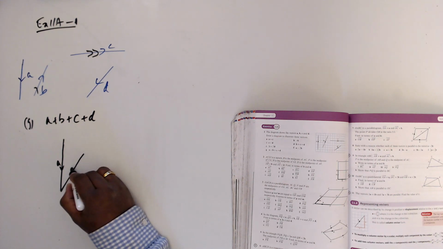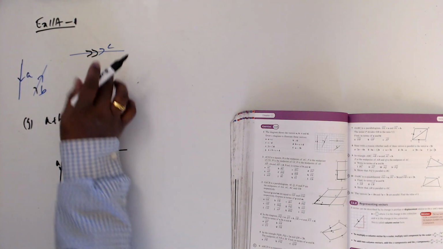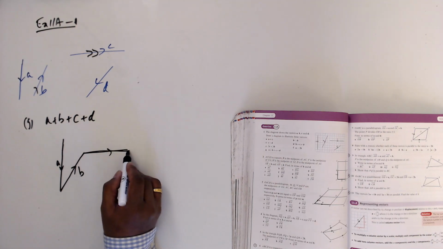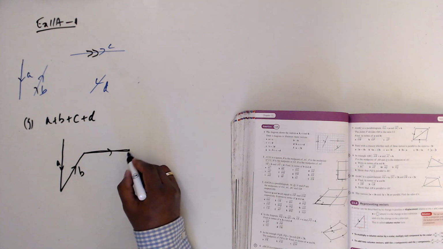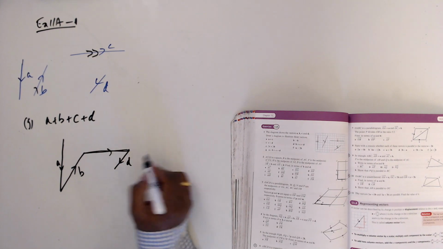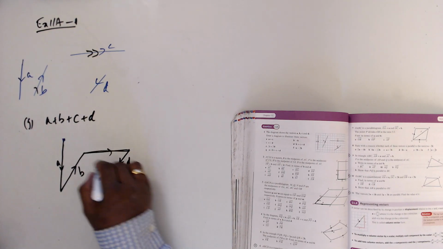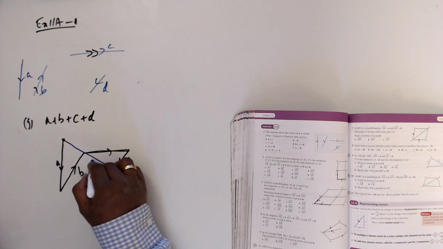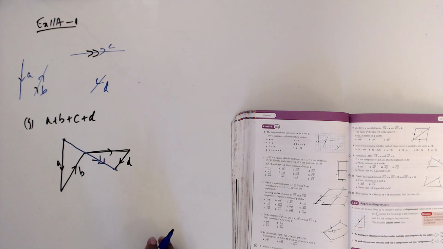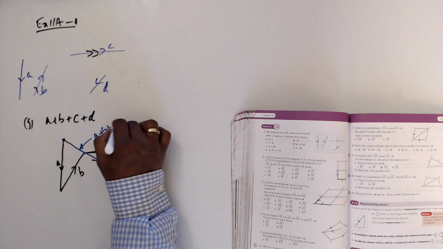So this is B and C, parallel to this one, same size. And D parallel, same size. Now this is the starting point and this is the ending point. So this is the final vector. This vector is A plus B plus C plus D.